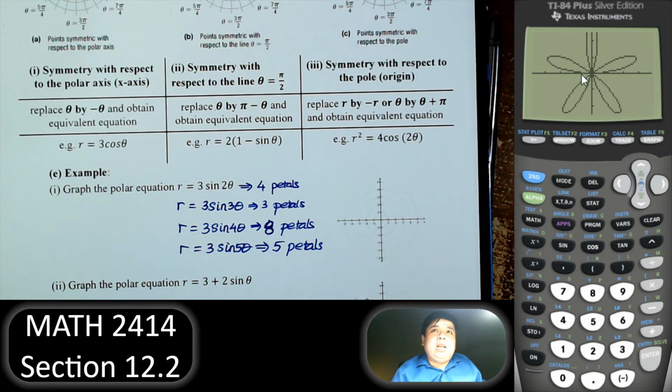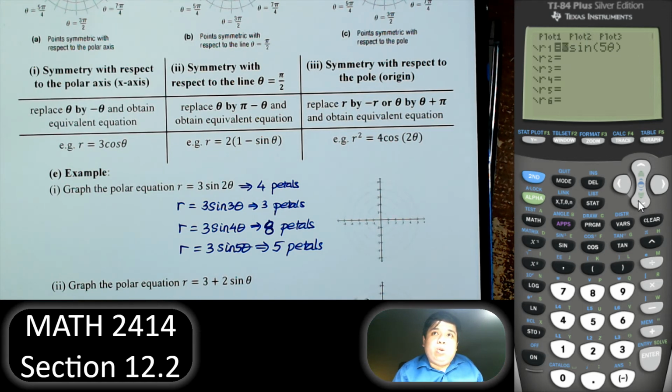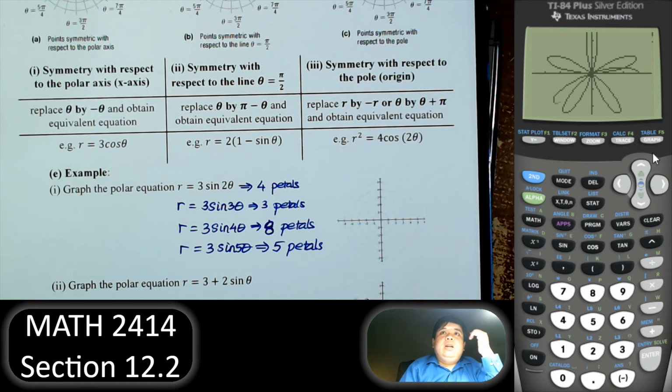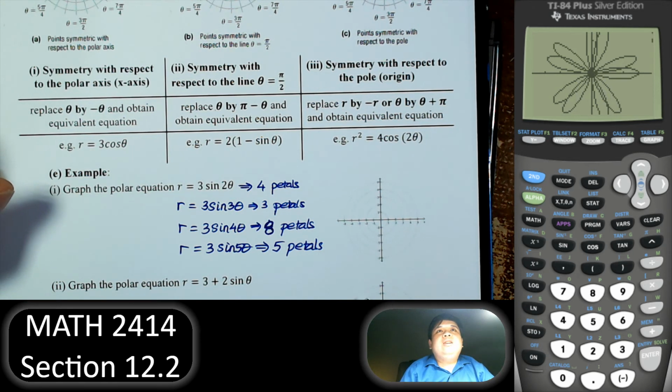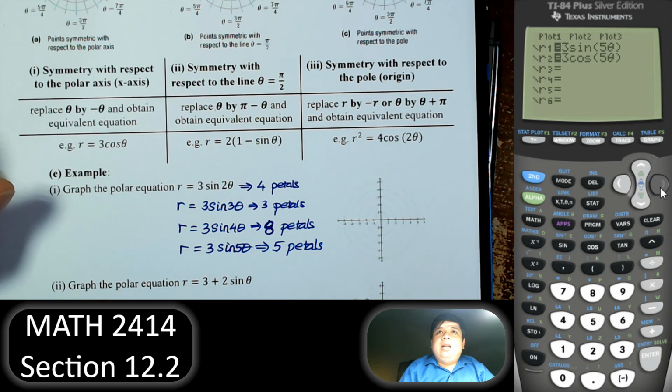By the way, notice if it is sine, it's that. Now if we switch to cosine, so first the cosine will just shift like 90 degrees. Let's turn that off. Now we have the graph of cosine.